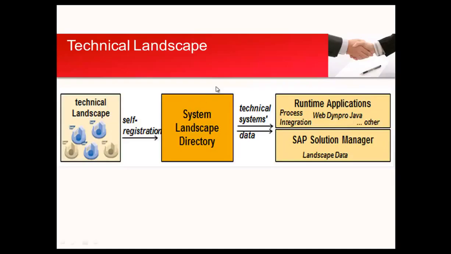So you can see how the flow of information is taking place from the managed system to the central landscape directory, to LMDB, that is landscape management database, to SMSY, that is system landscape.